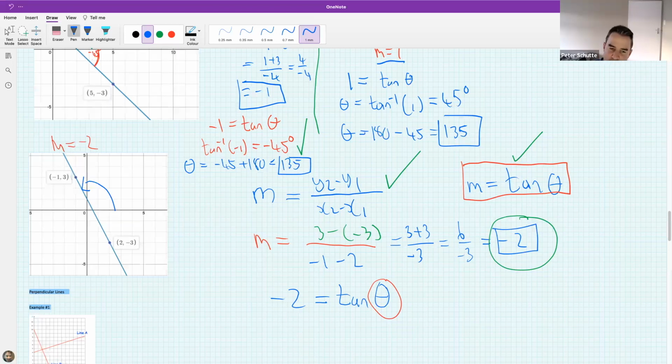Would you agree with me if I said the following? If I went shift tan, which basically in fact, take your calculator out. Have you got one nearby? Yes, sir. Okay, so hit shift tan, and I want you to put minus 2 in there and tell me what you get.